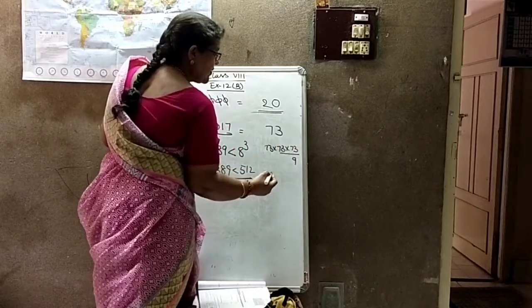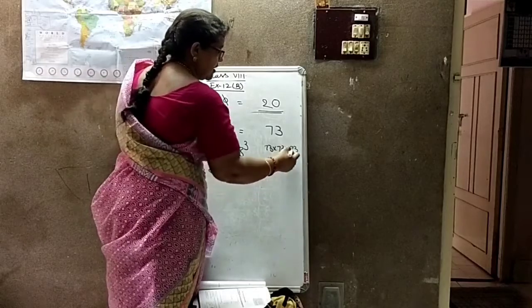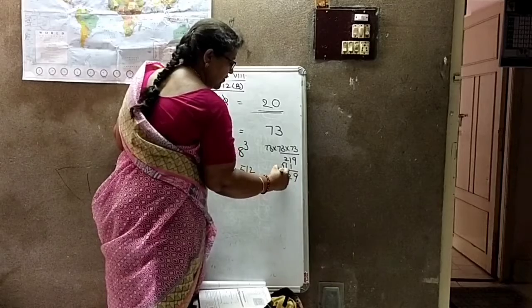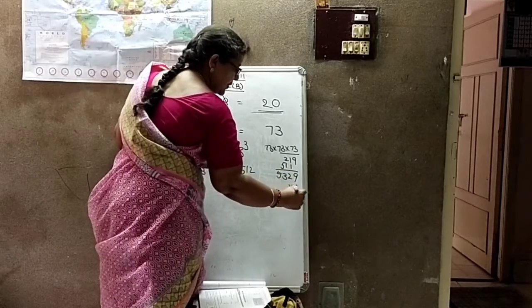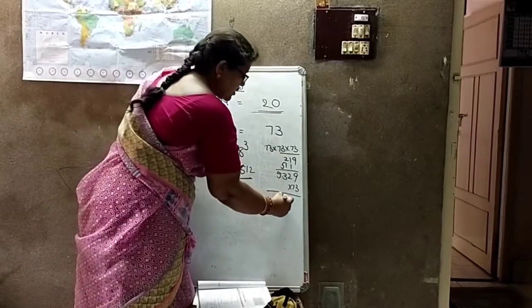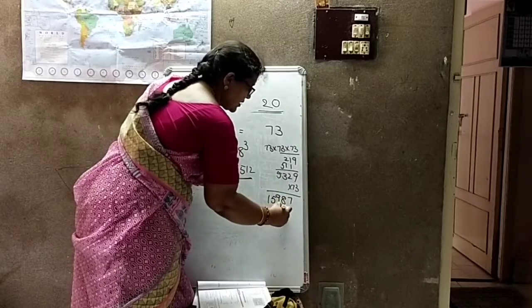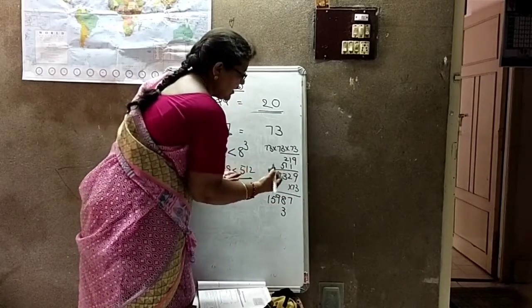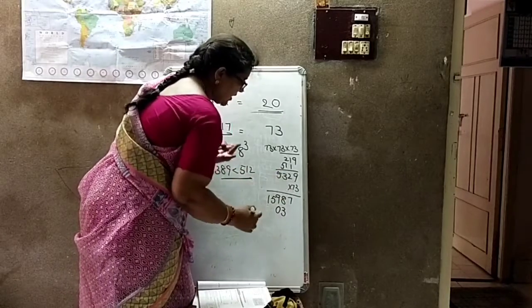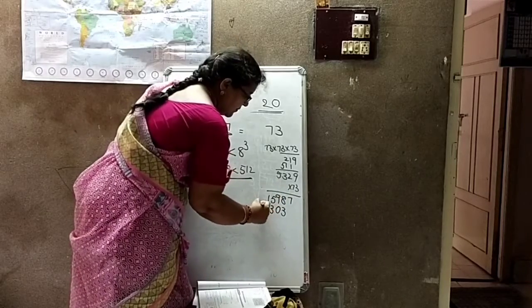3 7s are 21, 7 3s are 21, 2 carry, 49 plus 2 is 51. So add 9, 2, 3, 5 into 73. 3 9s are 27, 2 carry. 3 2s are 6 plus 2 is 8. 3 3s are 9. 3 5s are 15. 7 9s are 63, 6 carry. 7 2s are 14 plus 6 is 20, 2 carry. 7 3s are 21, 22, 23, 2 carry. 7 5s are 35 plus 2 is 37.